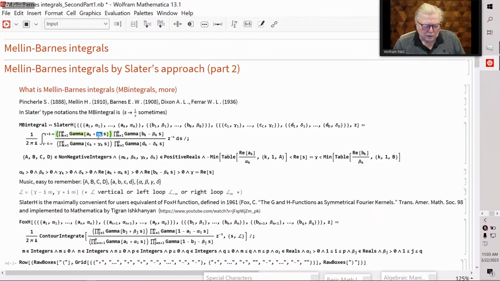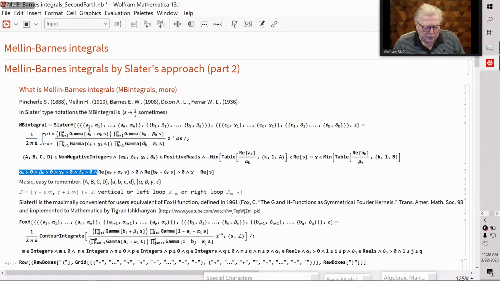symbolical, maybe integer. If it is 1, for example, we come to Meijer G function. And here also positive, arbitrary, symbolical values. I mentioned such inequalities here.